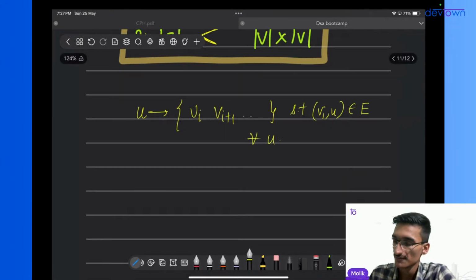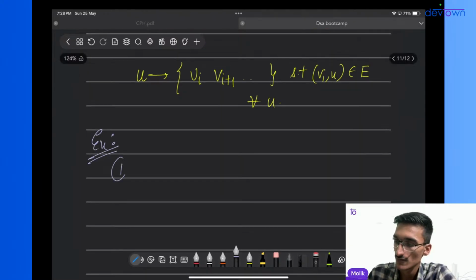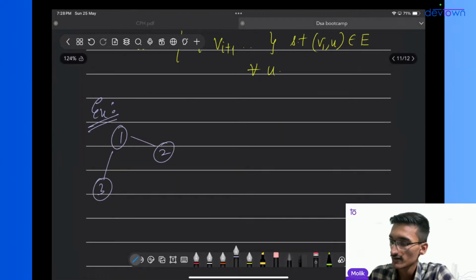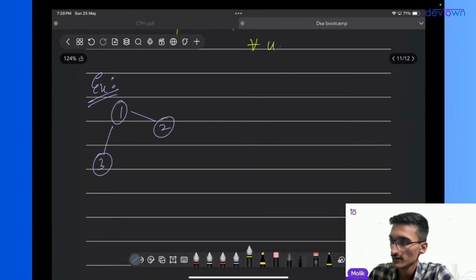So let's take an example for that same graph. For this graph, this will be our adjacency list.